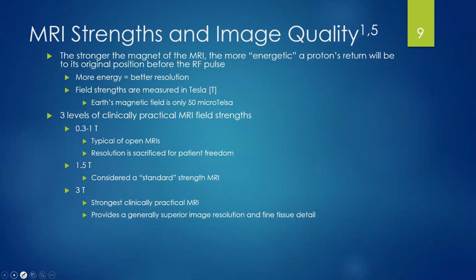These give very high resolution results and very fine tissue detail. Some would even call it high definition, or like 4K if you're thinking about high-end TVs. So those are three clinically practical levels, but there is a fourth level, and that is a 7 Tesla MRI.